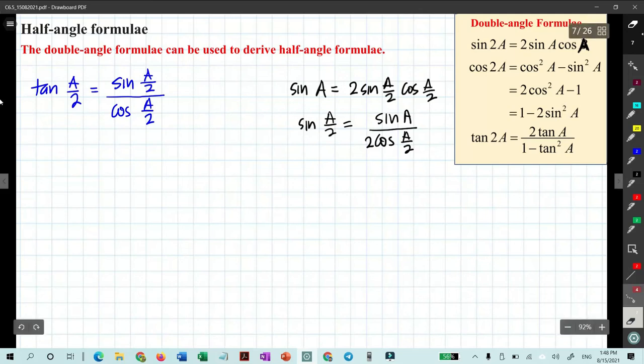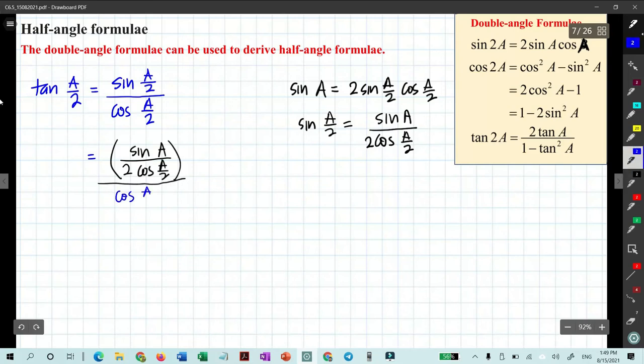Okay, and I'm going to substitute sine a over 2 with sine a over 2 cos a over 2, over cos a over 2.